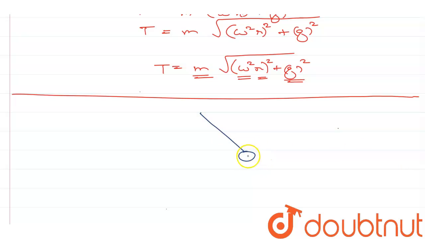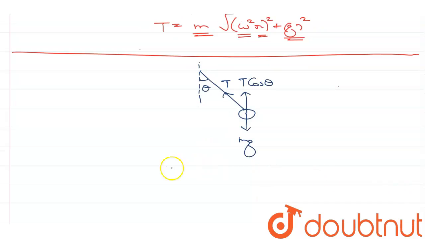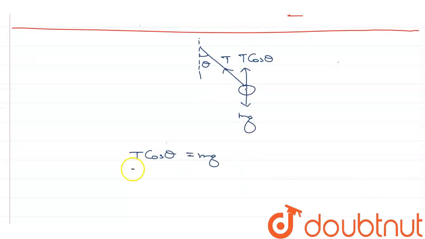So, if I draw the free body diagram, this is theta, this is tension T. So, T cos theta should be equal to mg, which means T is equal to mg by cos theta.